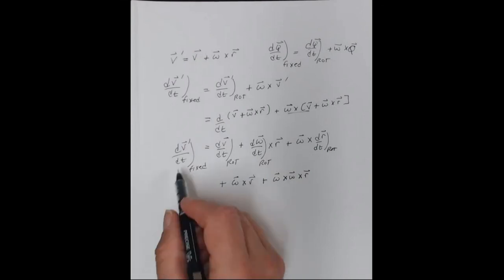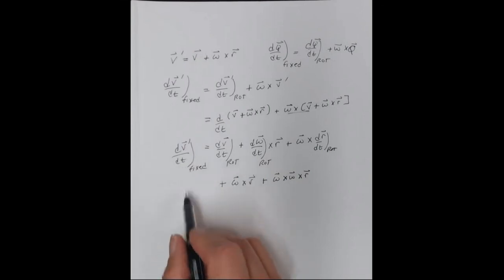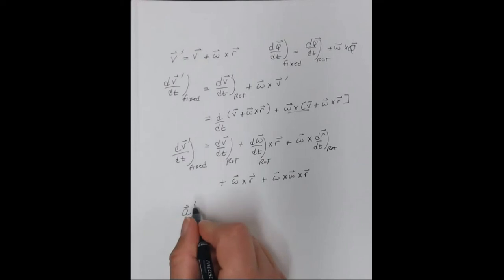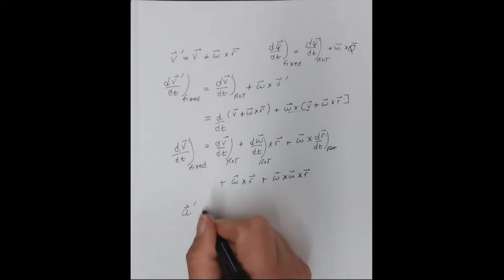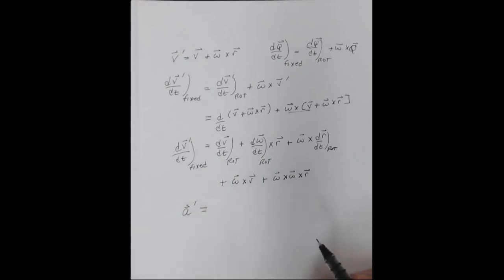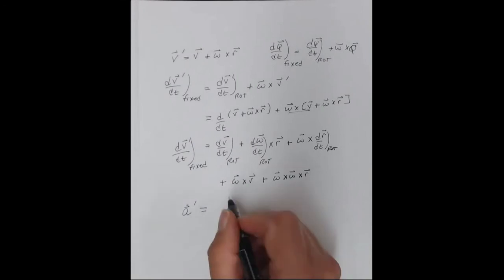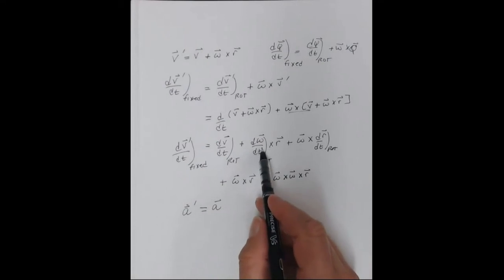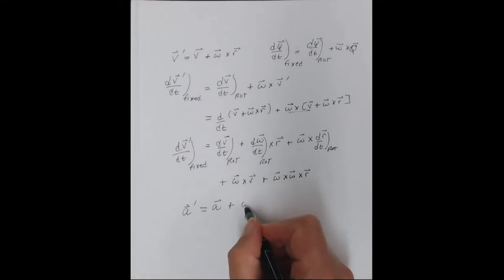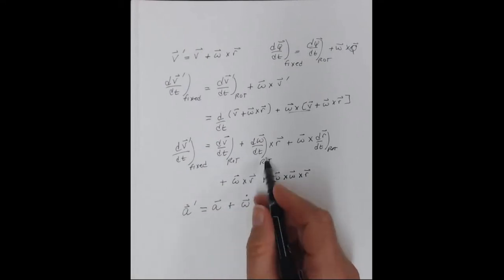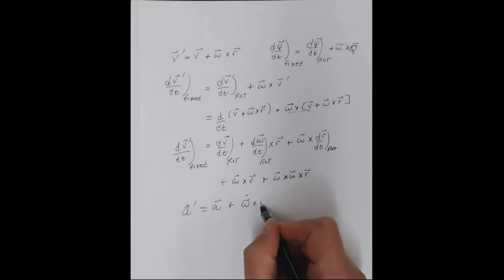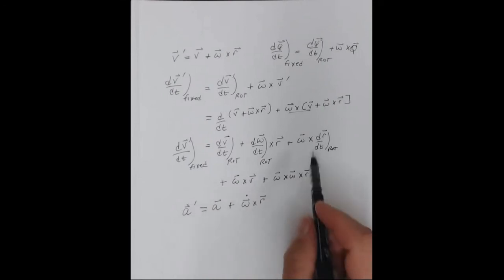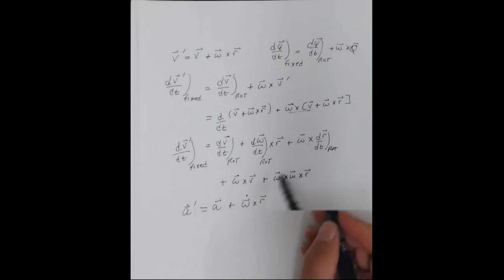So this, the acceleration seen from the fixed frame, we're going to call A prime, equals this, the acceleration as seen from the rotating frame, plus omega dot, the derivative of omega, crossed r. Now notice here we got plus omega cross the velocity in the rotating frame, and that's that too.